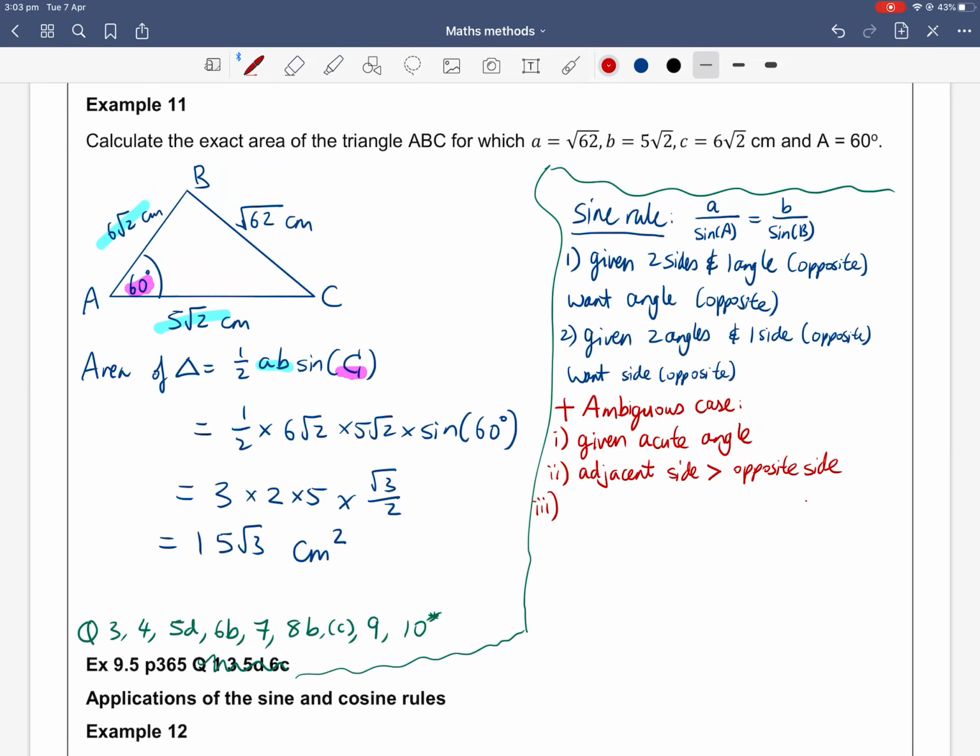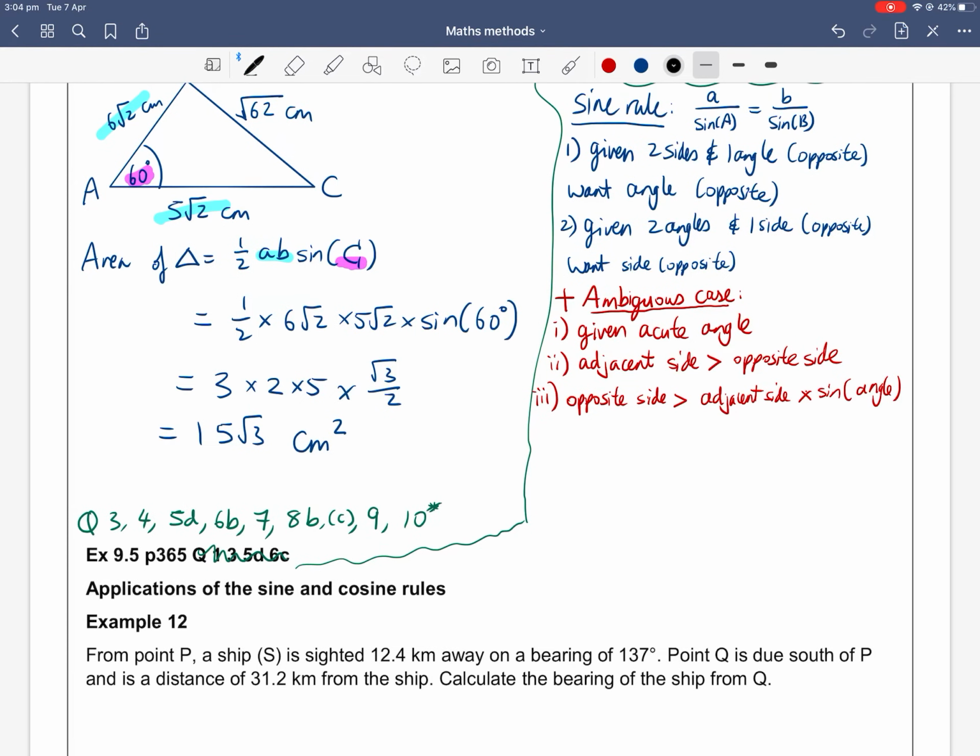And the third condition for the ambiguous case to hold is that the opposite side length is bigger than the adjacent side times the sine of the given angle. So make sure you always check for the ambiguous case, because you never know with the sine rule. So that's when we use the sine rule.